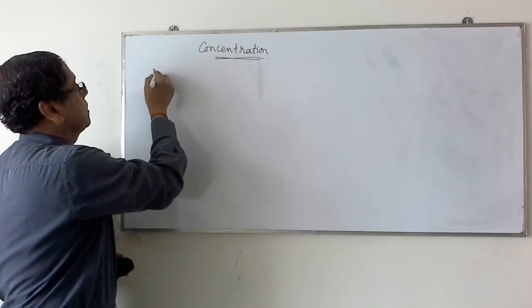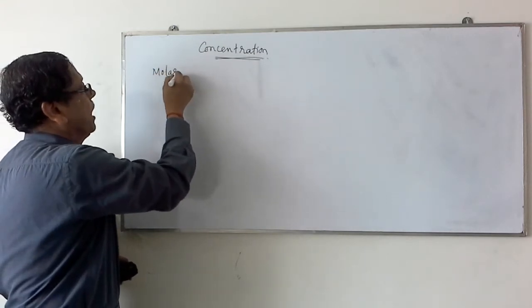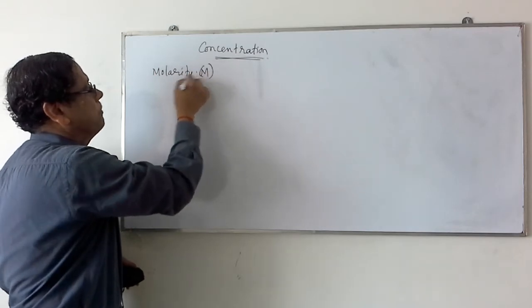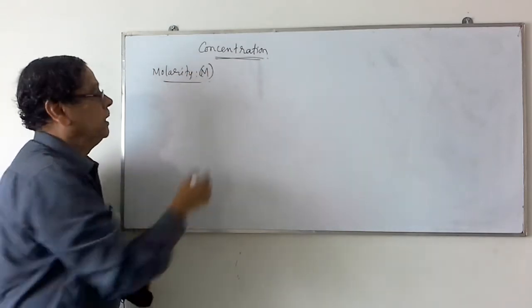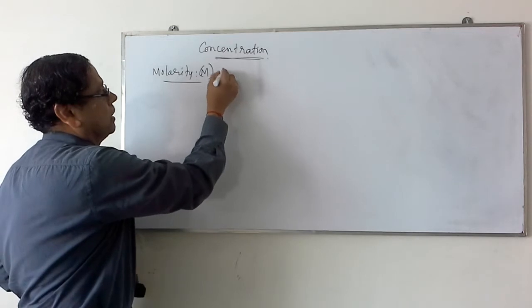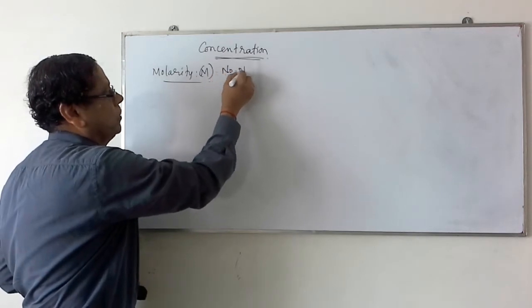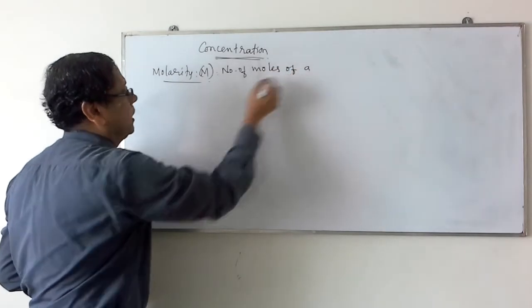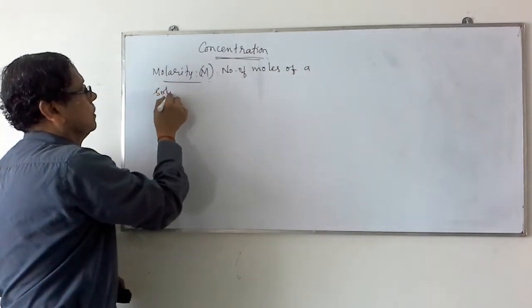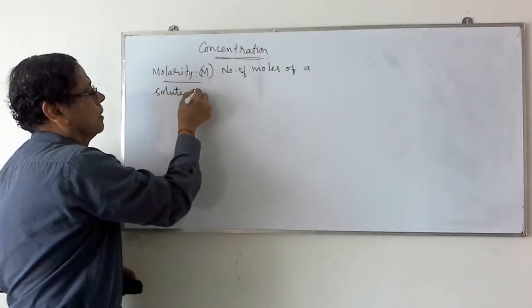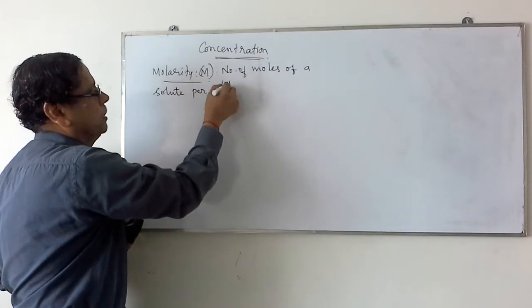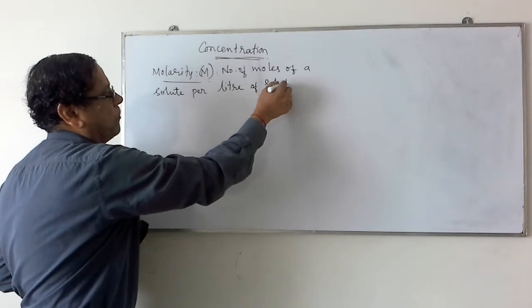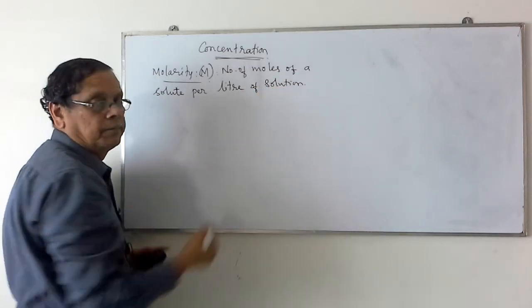So one such concentration is molarity. This is indicated with capital M. It is defined as the number of moles of a solute per liter of solution.